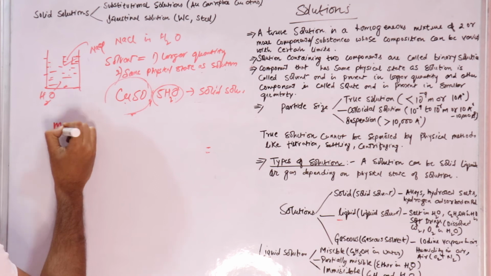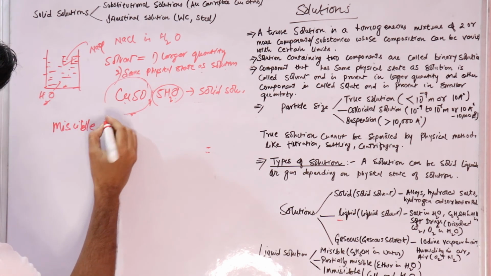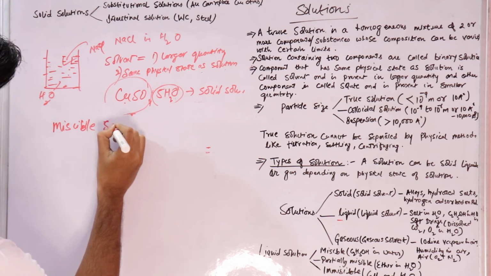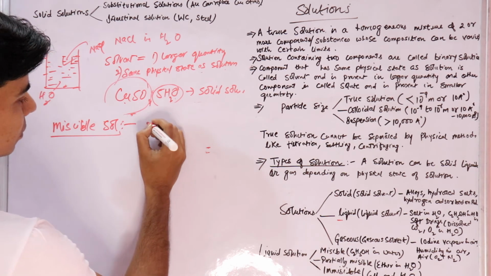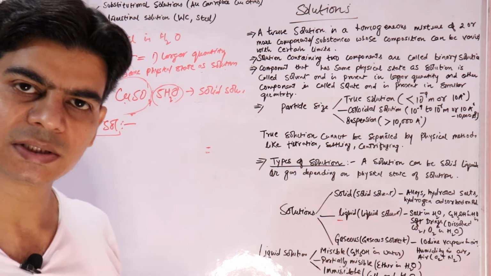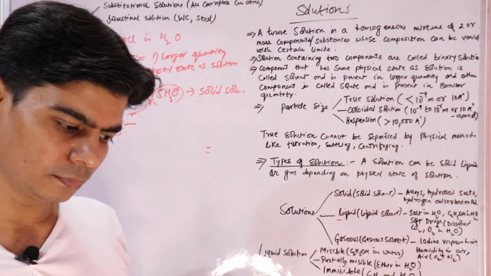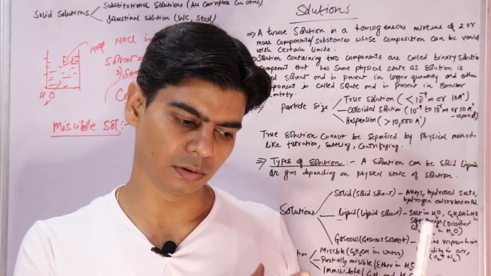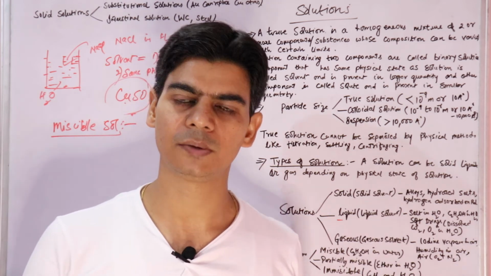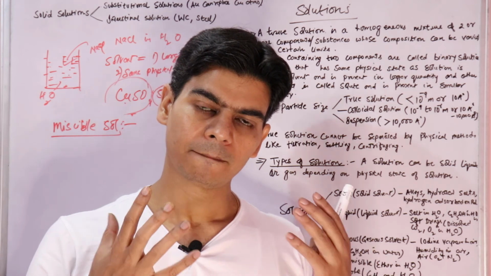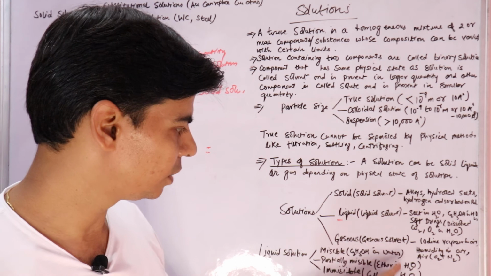Liquid solutions are of three kinds. Miscible, we have heard of these terms before. In miscible liquid solutions, the nature of both the liquids is the same. For example, if both the liquids are polar, they form a miscible solution, like ethanol in water.